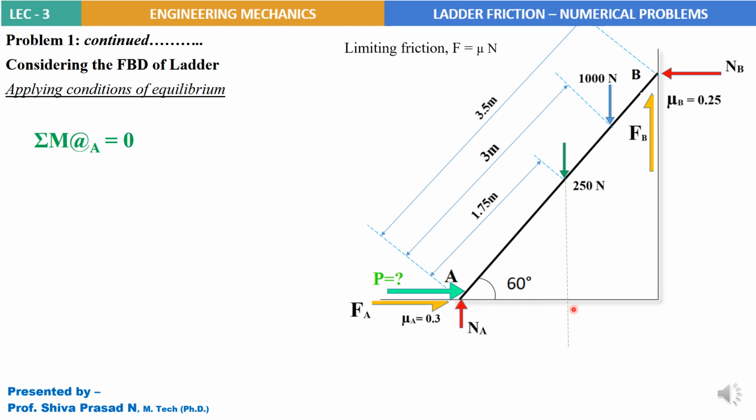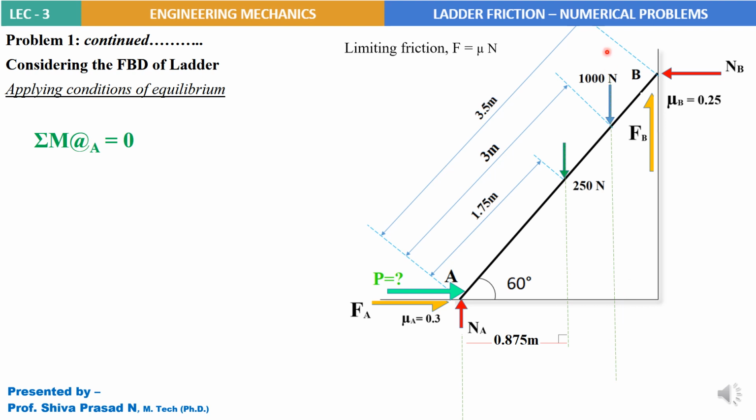I get it by applying cos 60 degree for this triangle. Please observe the movement of this pointer. In this small triangle, the hypotenuse length is 1.75, and with cos 60 degree, the adjacent length you will get is 0.875 meters.